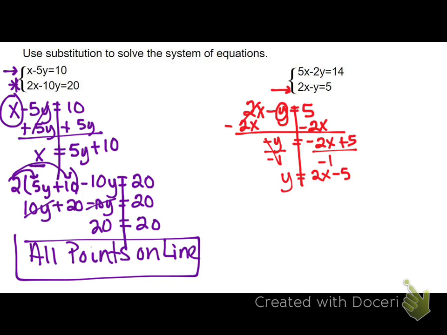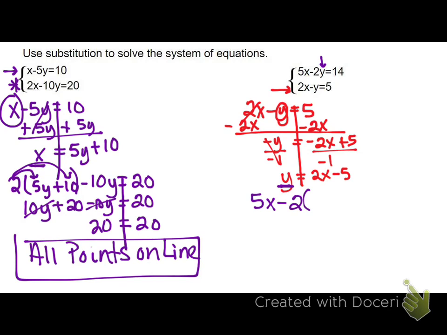So which equation am I now going to substitute what I just found into? The top one. Okay? So which variable am I substituting for? So I'm going to substitute the top equation, and I'm going to substitute for the variable y. So I'm going to have 5x minus 2.